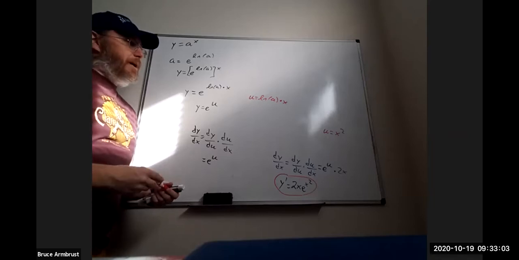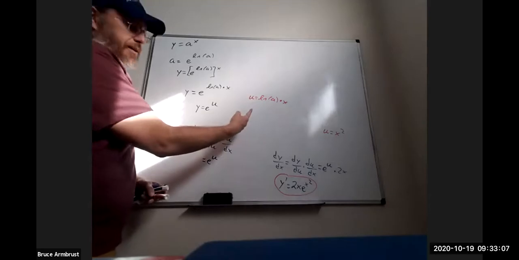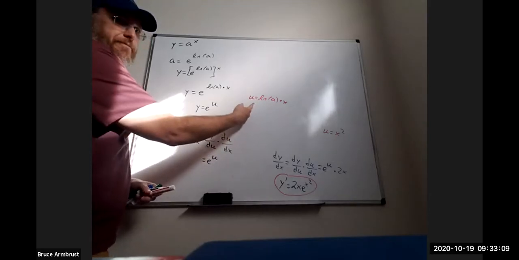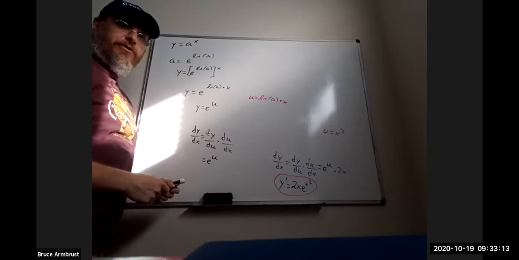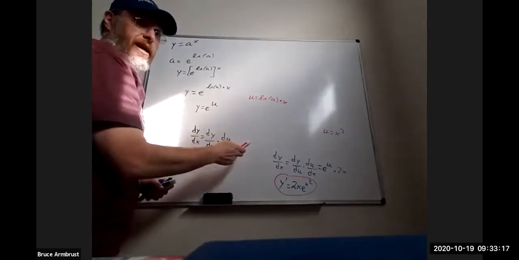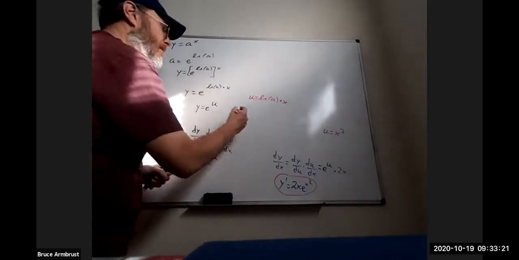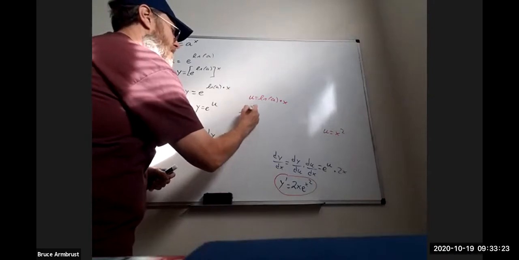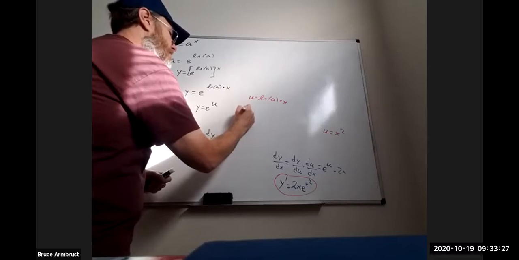So the question is, what about du dx? Can I differentiate this guy right here? And the answer to that is absolutely. The natural log of a is a constant. It's just a constant. So it's a constant multiple.